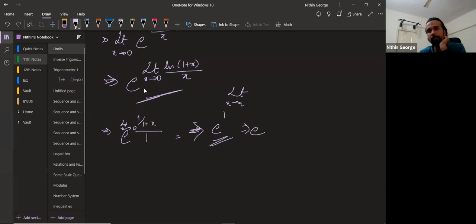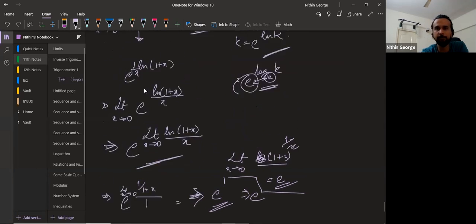Basically, limit x tends to 0, (1 plus x) raised to 1 by x will be equal to e. Okay, you guys following?